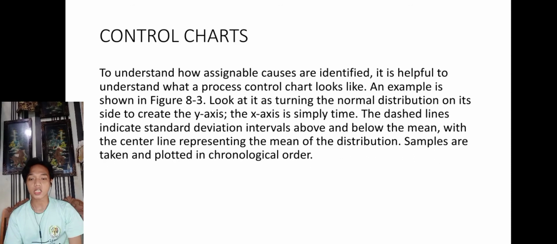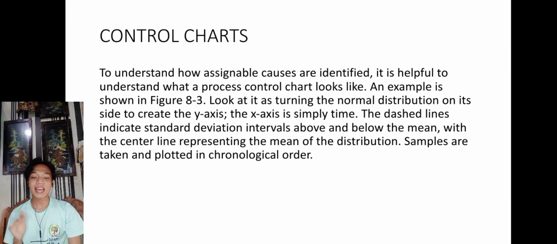So, the control charts. To understand how assignable causes are identified, it is helpful to understand what a process control chart looks like. An example is shown in Figure 8-3. Here we are turning the normal distribution on its side to create the y-axis. The x-axis is simply time.